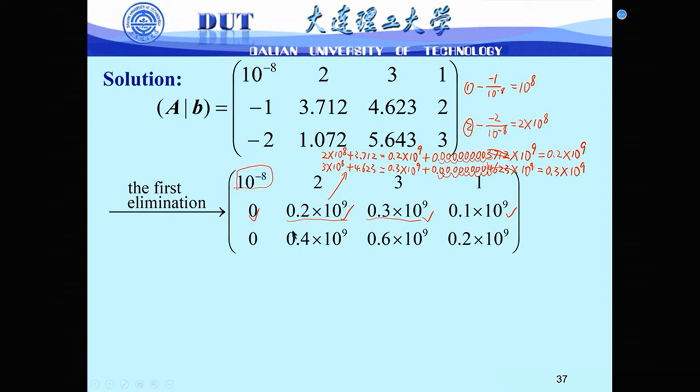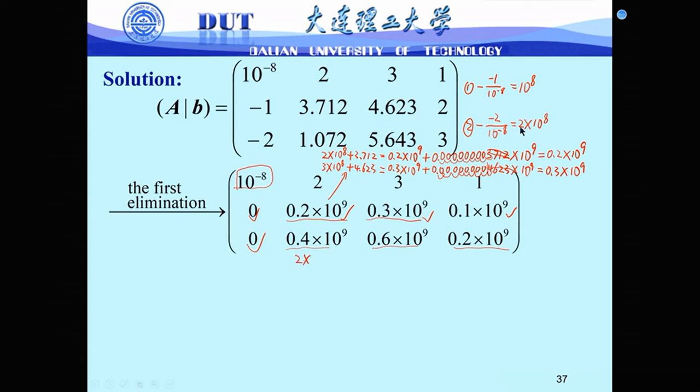So this number should be 0. It's okay? Eliminated, right? So we need to check these 3 numbers. Again, let me show you to consider this number, right? Similar as this computation, we should use the first row, this number 2 multiply the multiplier.